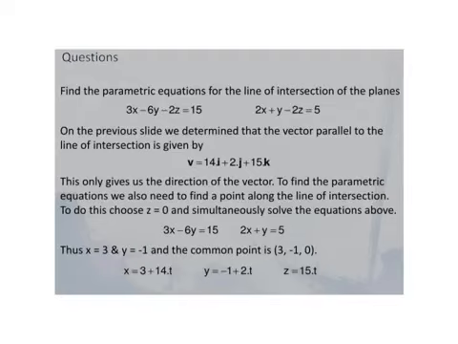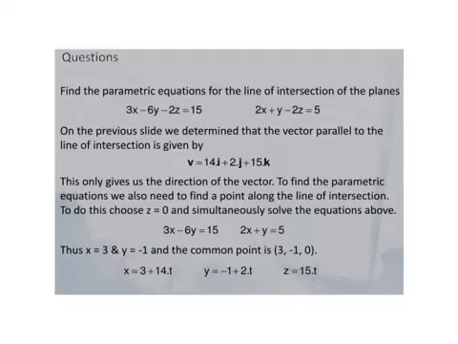When we substitute z = 0 in the equations of the planes, we are left with 3x - 6y = 15 and 2x + y = 5. After solving these simultaneous equations, we get the solution x = 3 and y = -1.